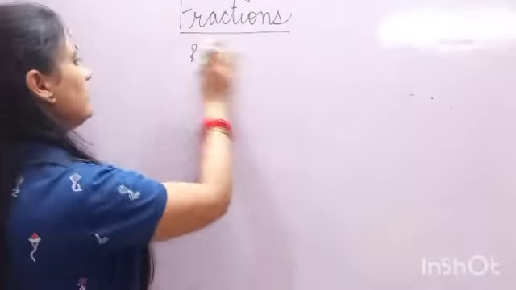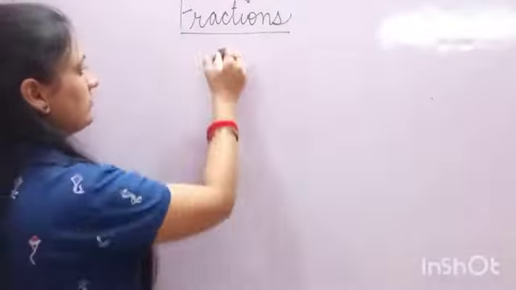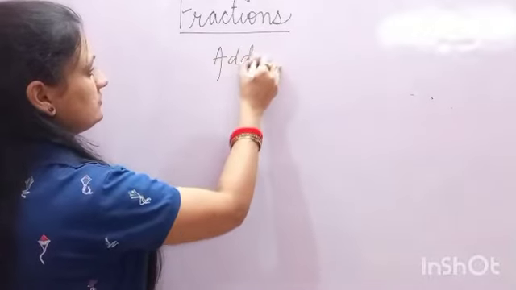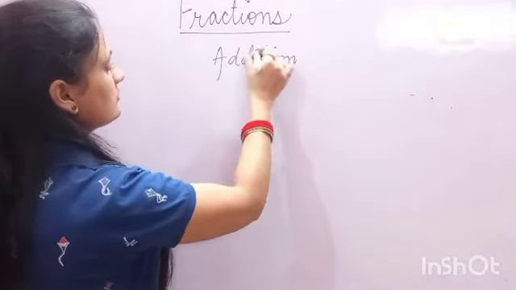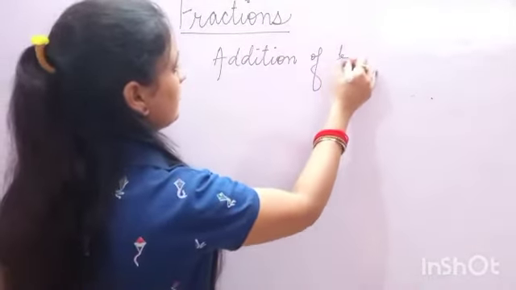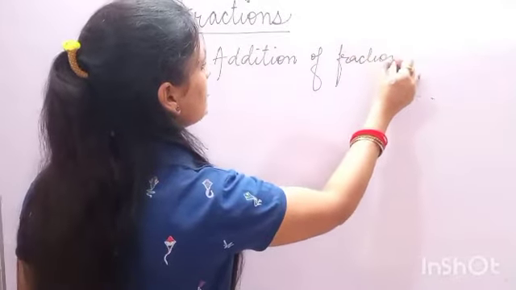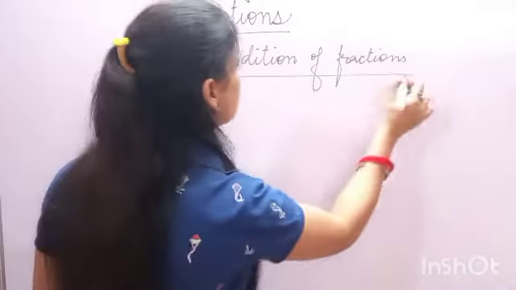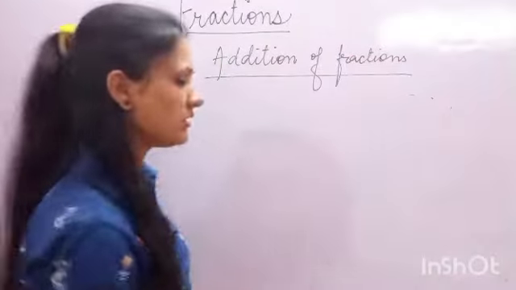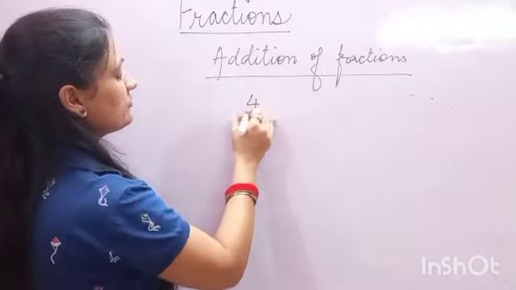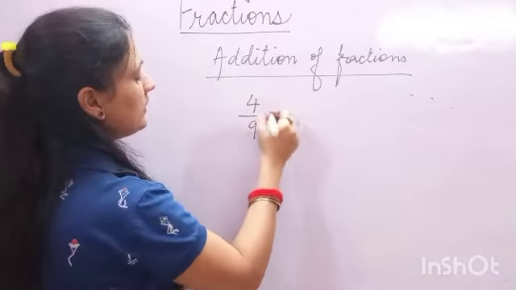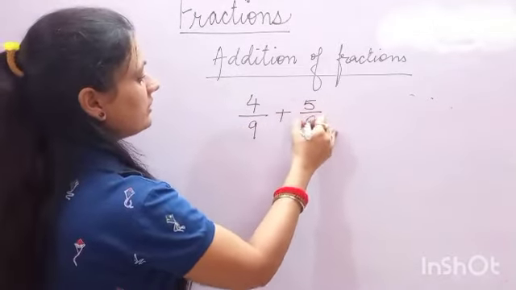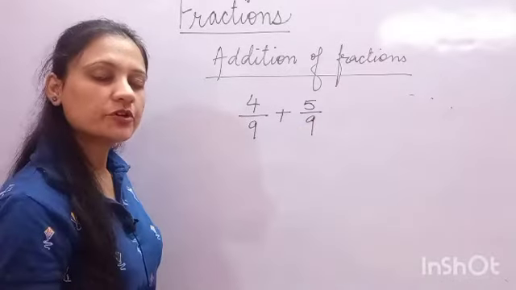Now understand how to add fractions. Addition of fractions. See, when the fractions are like, then it is really simple to add or subtract. For example, if the fraction is given 4 by 9 plus 5 by 9. Very simple. What do you have to do?